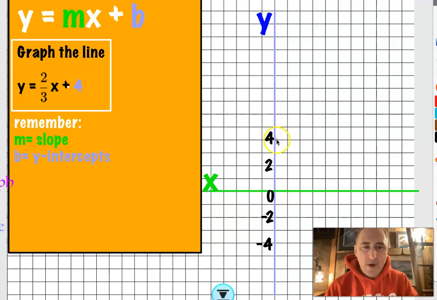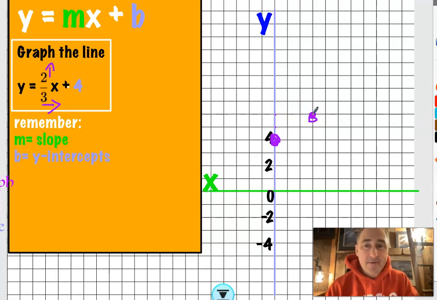So I come over to the y in the skyline and I draw a dot, and then from here I'm going to count up 2 and then 3 to the right. Now remember, I'm counting corners, so I'm going to count up 1, 2, over 3. 1, 2, 3. And this is my next dot right here on this corner.